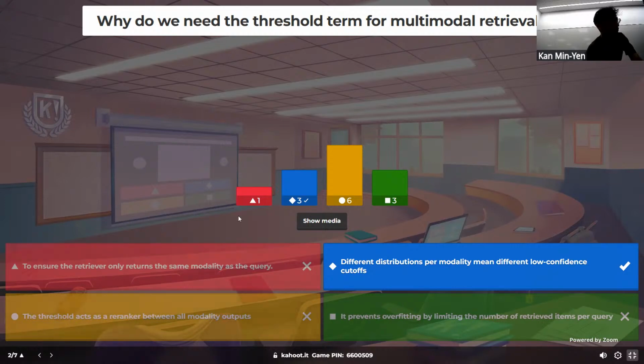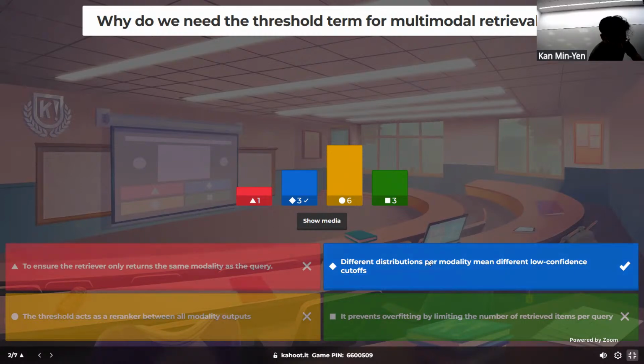So this is not actually for a rear anchor. We kind of discussed this a little bit in class last week, where we said that the distributions for different modalities are a bit different. So you need a different low confidence cutoff, and that's the blue option.